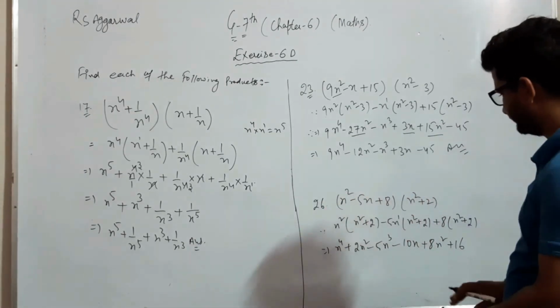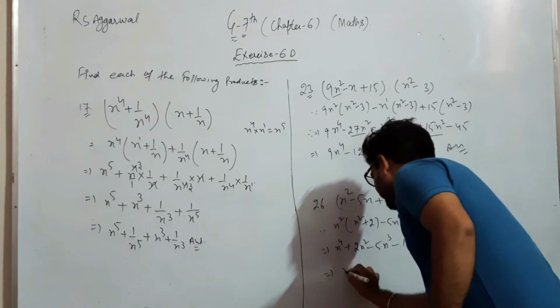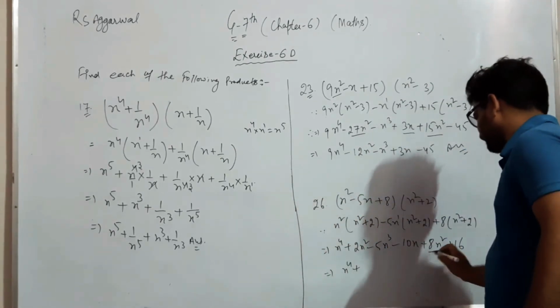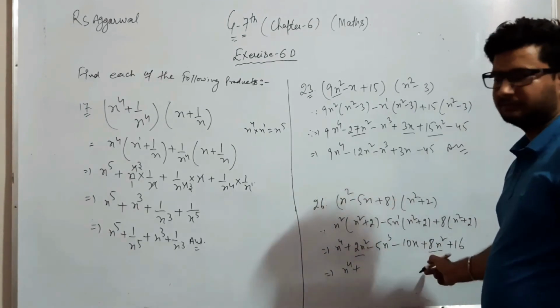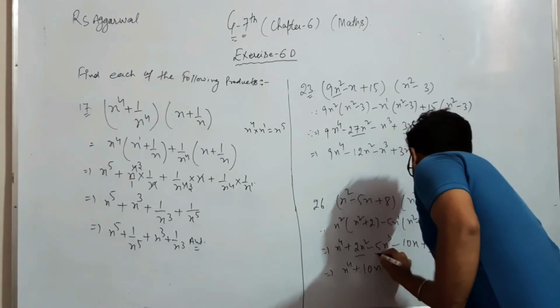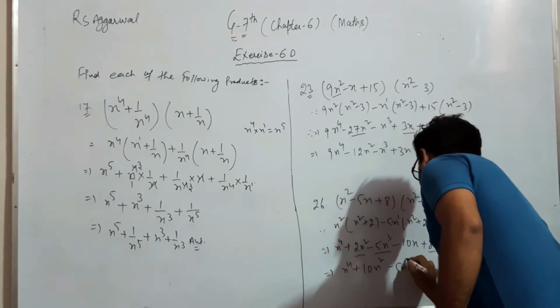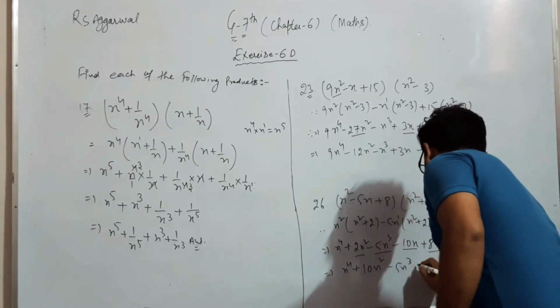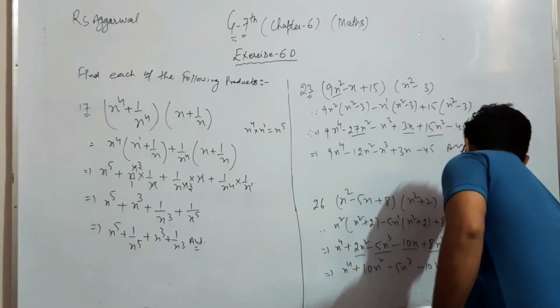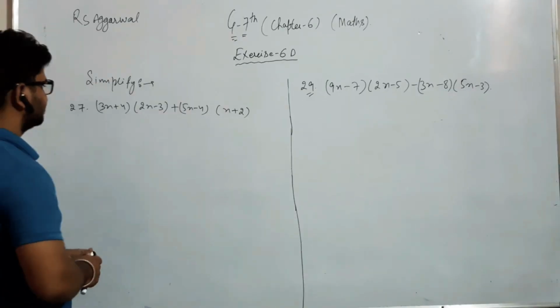So now we add the like terms, 2x^2 plus 8x^2. When we add, both signs will be positive, so 10x raised to power 2, minus 5x^3, then minus 10x, then plus 16. So this is the answer of question 26 of exercise 6.0.